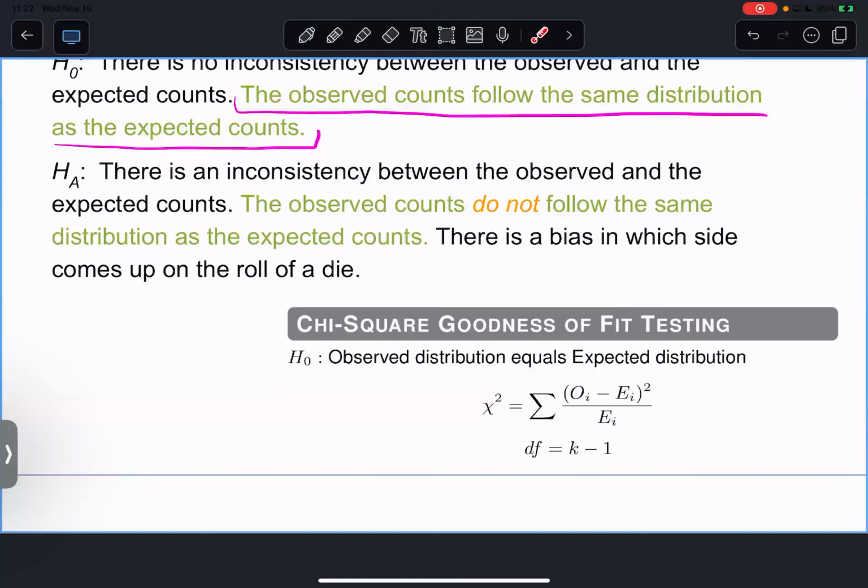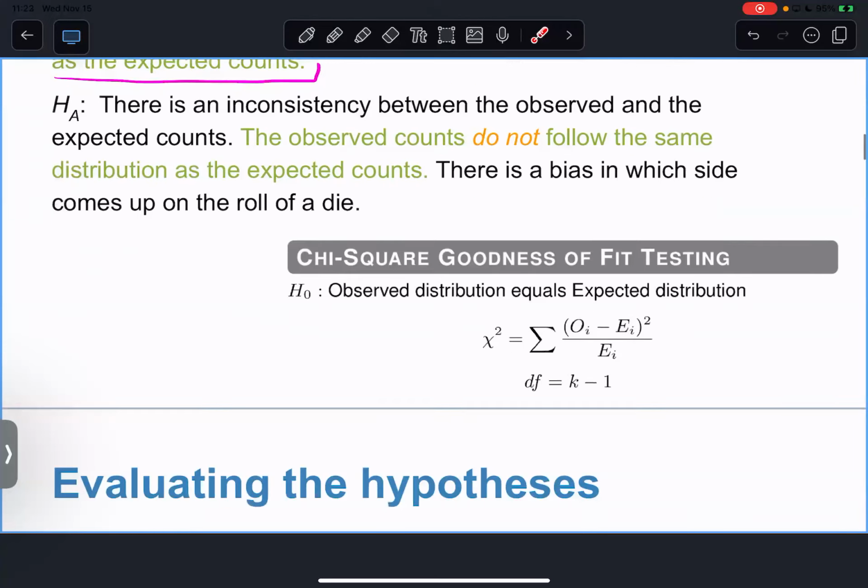It's hard to pinpoint what we would do an interval around, because now we're talking about, as a whole, how do these observed counts relate to the expected counts? And we can't really build intervals around that easily. So we're not going to do that. So now we can only do hypothesis testing. So that's a plus in my books.